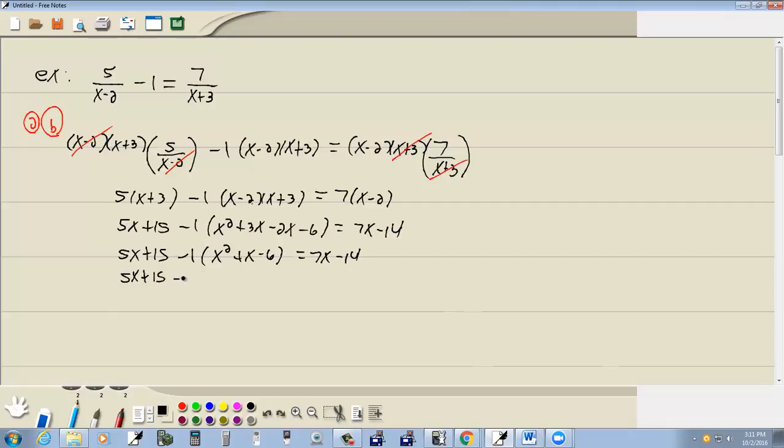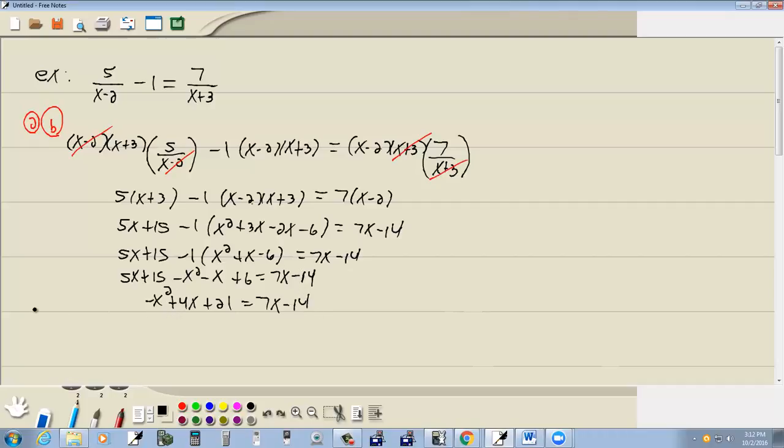Negative 1 times x squared is negative x squared. Negative 1 times x is negative x. Negative 1 times negative 6 is positive 6, equals 7x minus 14. Always combine like terms. 5x minus x is 4x. 15 plus 6 is 21. Equals 7x minus 14.